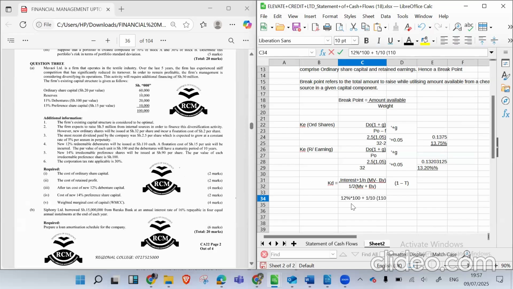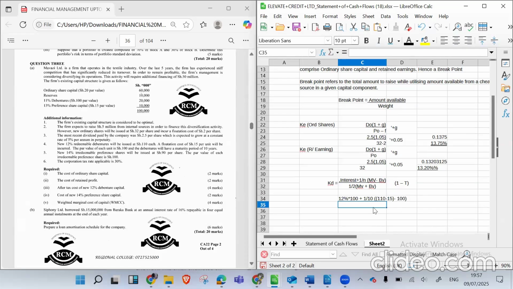So 110 minus 15. Remember what we said? In case of a discount or flotation cost, it reduces the market value. So the market value is 110, but it has a flotation cost of 15. The par value is 100.